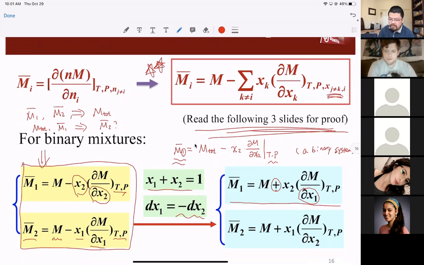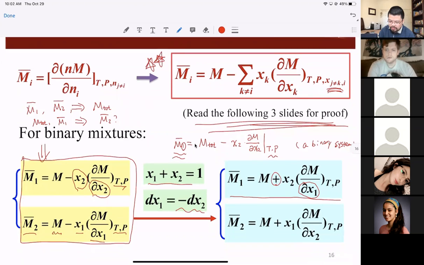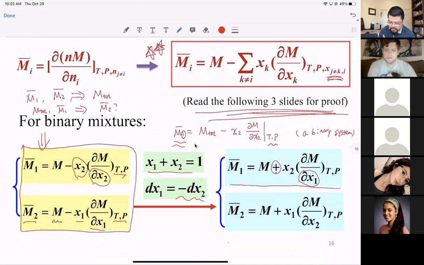All right. And like I mentioned, we can also write this as m1 partial is m plus 1 minus x1 dm over dx1, keeping temperature and pressure fixed. So if that is the case, then we change both.